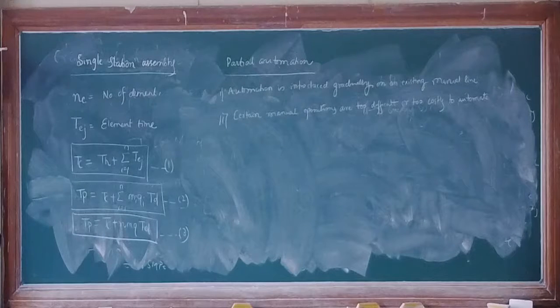The third assumption: the system uses synchronous transfer of parts, similar to the first case we took for the assembly line. Fourth, the system has no internal buffer storages; in between the stations there is no buffer storage for WIP, work in process. And fifth, station breakdowns occur only at automated stations.